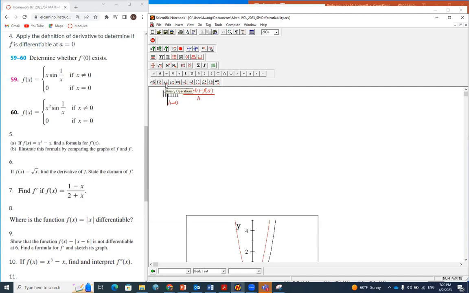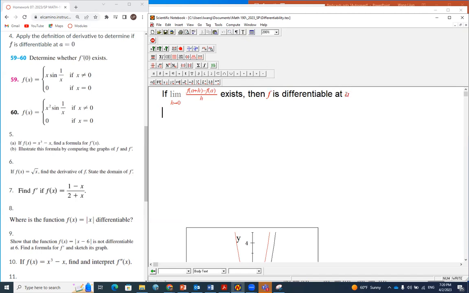If this limit exists, then f is differentiable at point a. And of course, if this limit does not exist, then f is not differentiable at a. So that's the definition.